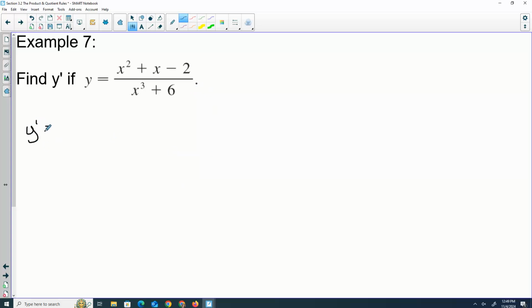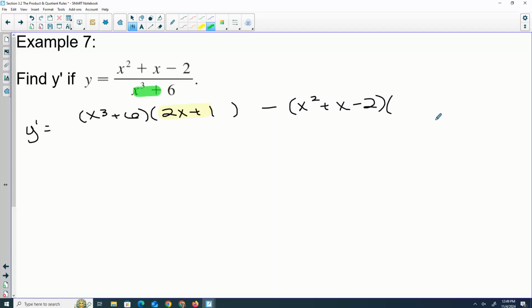Quotient rule is low, the bottom, d high, derivative of the top is 2x plus 1, minus high, d low, derivative of the bottom, 3x squared, over low squared.